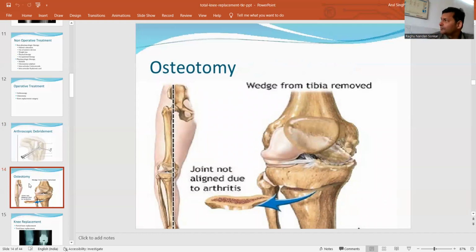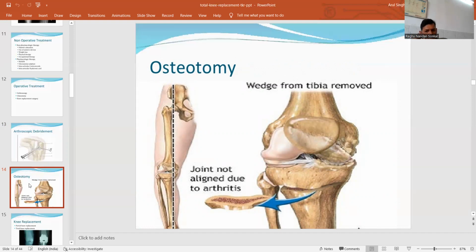Osteotomy is a realignment of the femur and tibia axis.